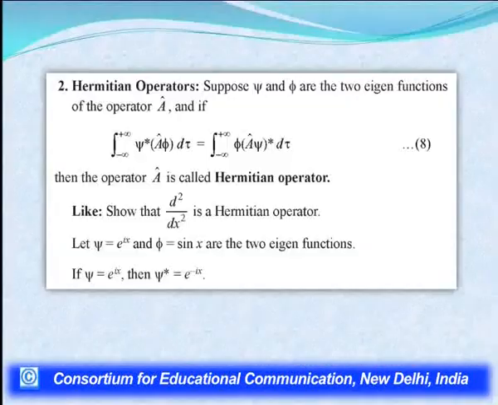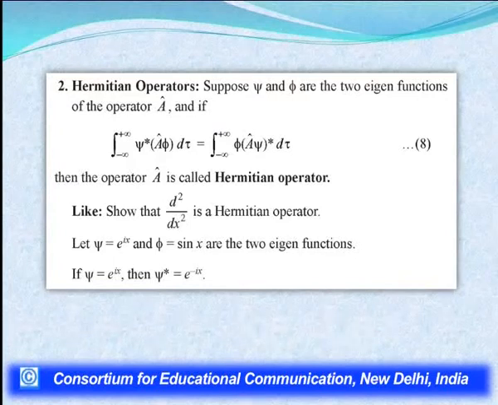Now if they ask you to show that the operator d square by dx square is Hermitian, you just keep in mind equation number 8, solve the left hand side, then solve the right hand side, put them together and see whether they come out to be the same or not. If they don't come out the same, then say it is not a Hermitian operator.